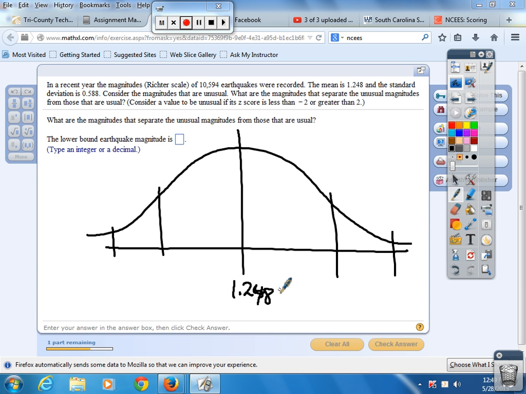Now take your calculator and take 1.248 plus 0.588, and what do you get? 1.836. All right. Add 0.588 to that. 2.424. Okay.